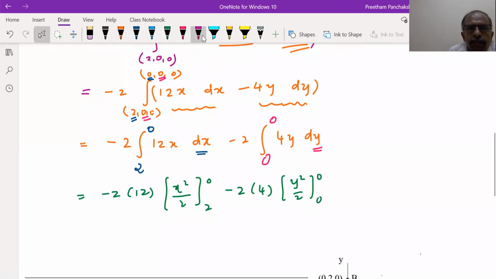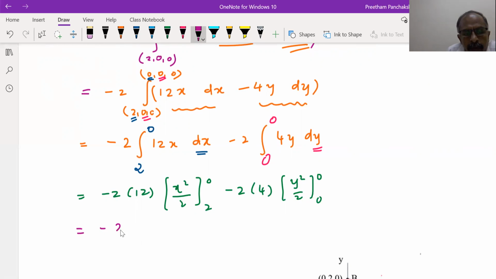So minus 24, upper limit 0, lower limit is 2, that gives 8, and this is 0.